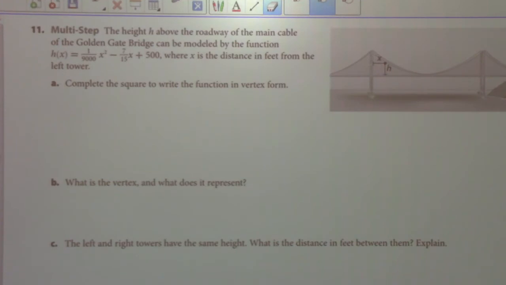Words, it being a word problem. What else? Fractions. And another thing someone mentioned is the numbers are pretty large, or pretty small, depending on how you look at it, right?